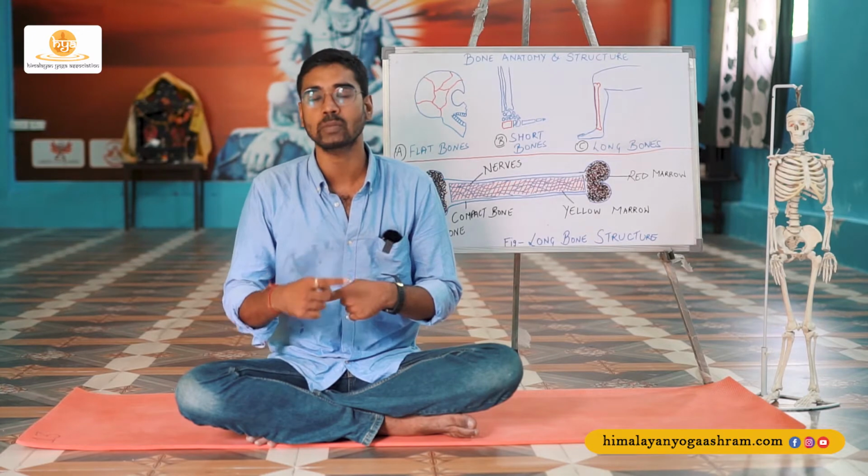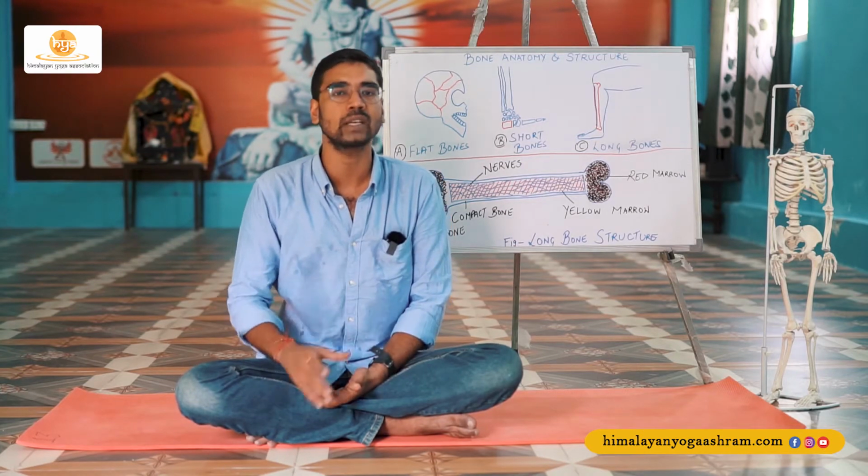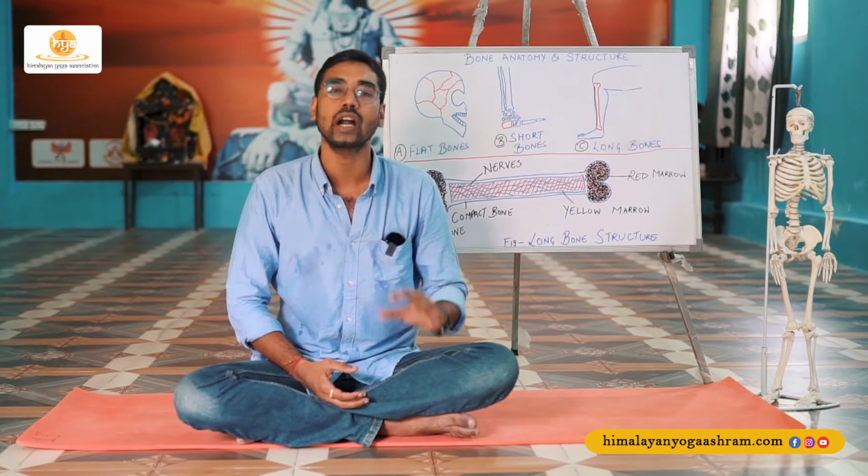Over time, this whole conversion from cartilage to bone happens over a span of about 20 years from the beginning of birth, as soon as the baby is out of the mother's womb, and this whole process of the development of the adult skeletal system takes place until the age of 20.